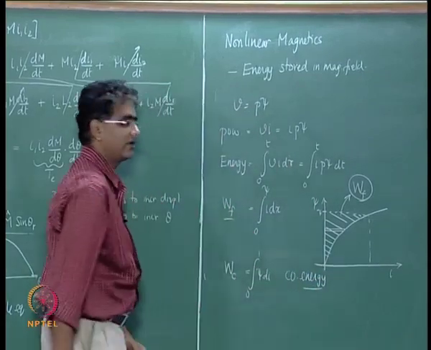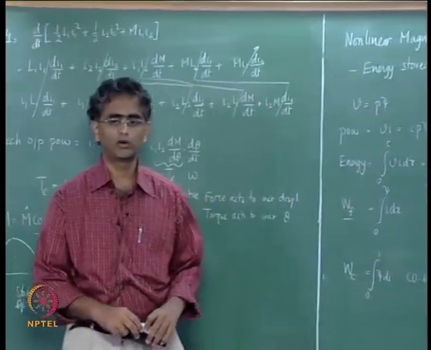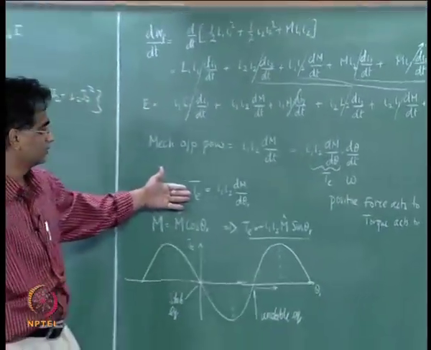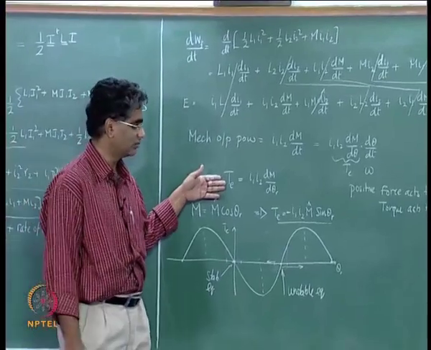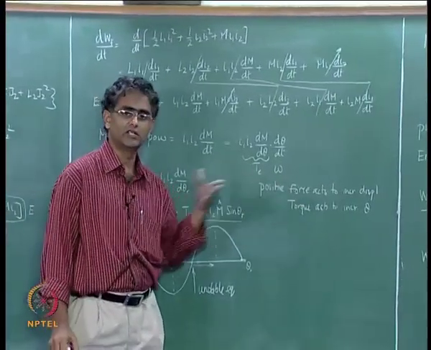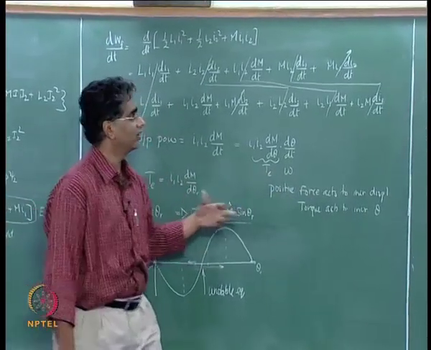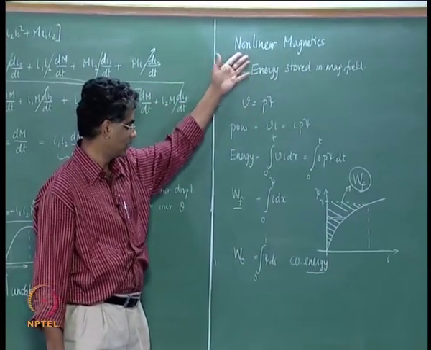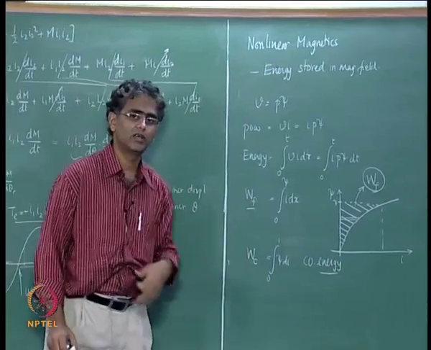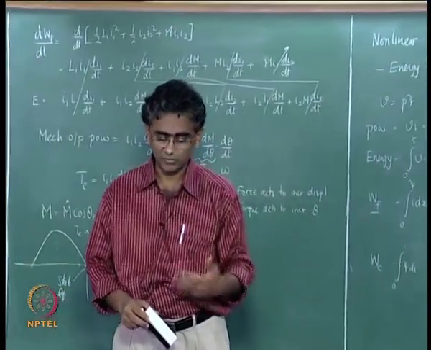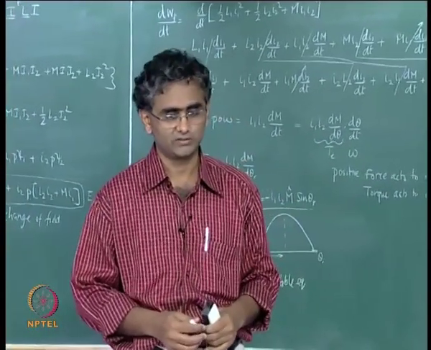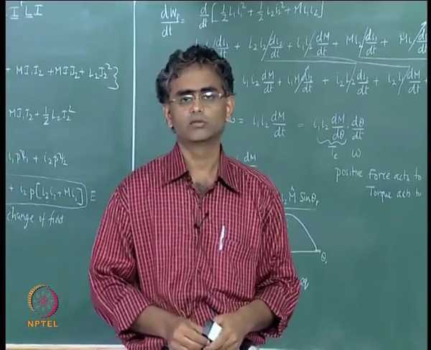This Wf and Wc play a very important role in determining the generated torque if it is a rotational system, or the force if it is a linear movement system in a nonlinear arrangement, in a nonlinear system. How we use this in order to estimate the generated torque, we will see in the next lecture. We will close for this lecture.